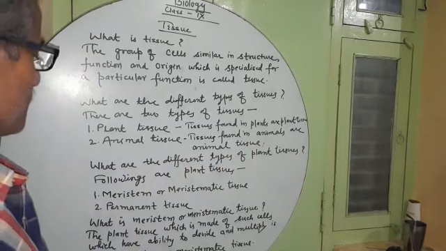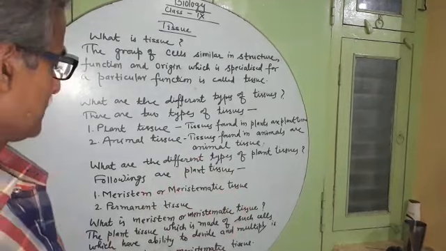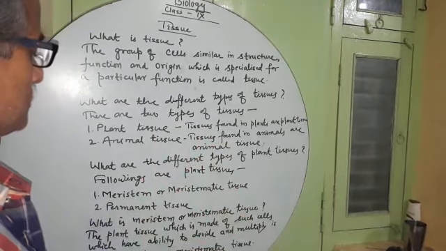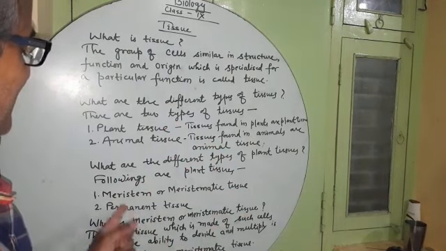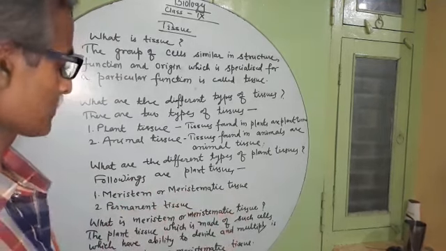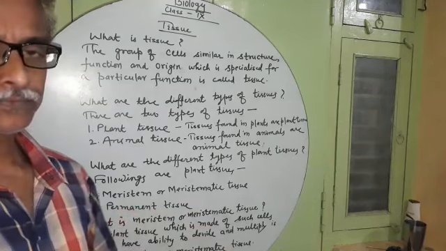When we study, I find that there are two main types of plant tissues. First is meristeme or meristematic tissue, and the other is permanent tissue.